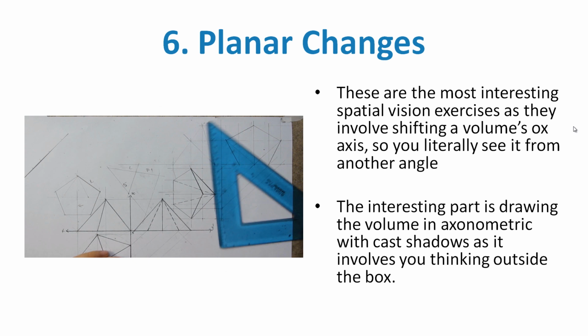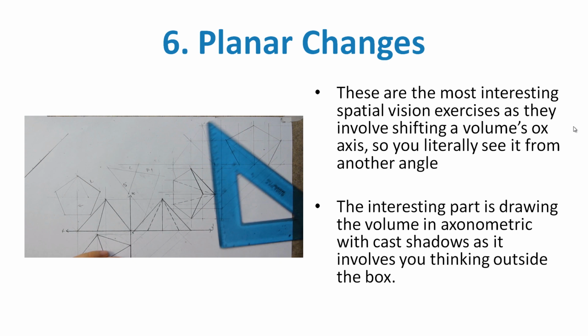Planar changes, these are mostly about 3D vision again, but they are probably the most challenging, because they just challenge you to basically reimagine the way you see a simple volume. So you see, you got like a pentagonal pyramid, and you flip it on one side, and that is a planar change, right?